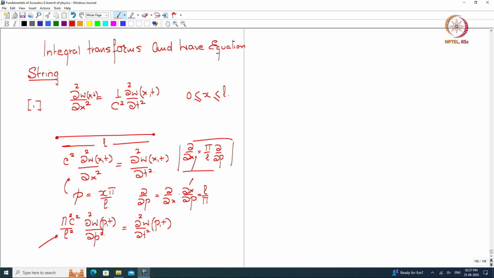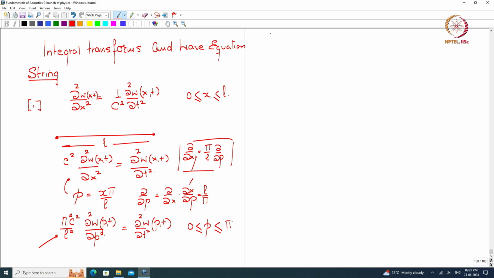Now we have P going from 0 to pi, in between these limits.